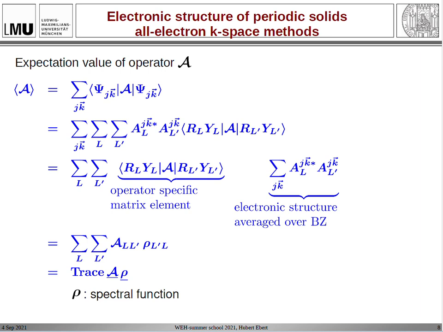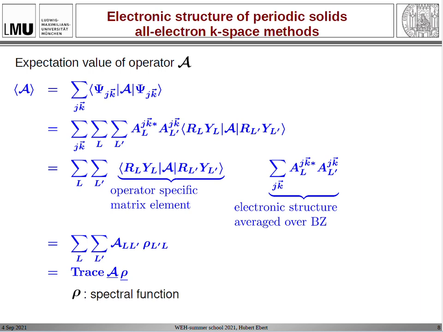At the end, you have 2 matrices. A is connected obviously with the operators, these bare matrix elements referring to the radial solutions of the Schrödinger equation, as you see it here. And in the other factor, we summarize all the information on the band structure, if you want, in terms of the eigenvectors.